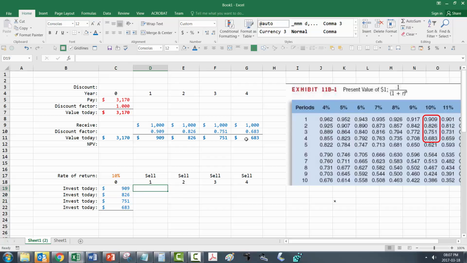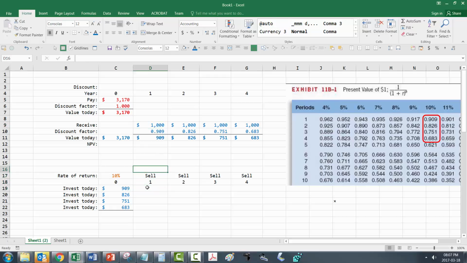In the future, I'm going to generate a return, and then I'm going to cash out at various points in time. If I want to know what amount I can expect in the future from $909 1 year ahead, I know it's going to be $1,000, but why does it work that way? Let's reverse engineer this $1,000 that we calculated.